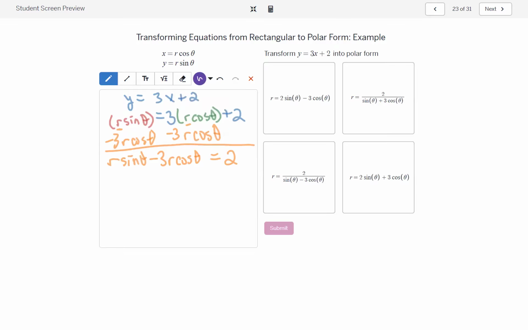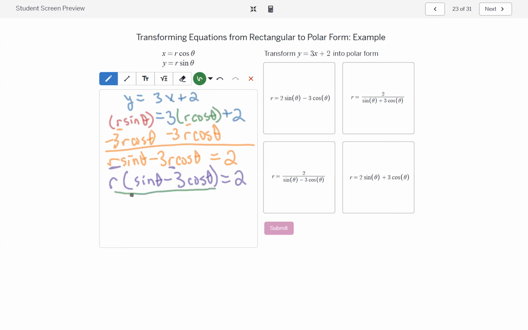Now, both of these things on the left have an r. So I factor out the common r and write my leftovers. And then to get r by itself, I just divide by the weirdness.